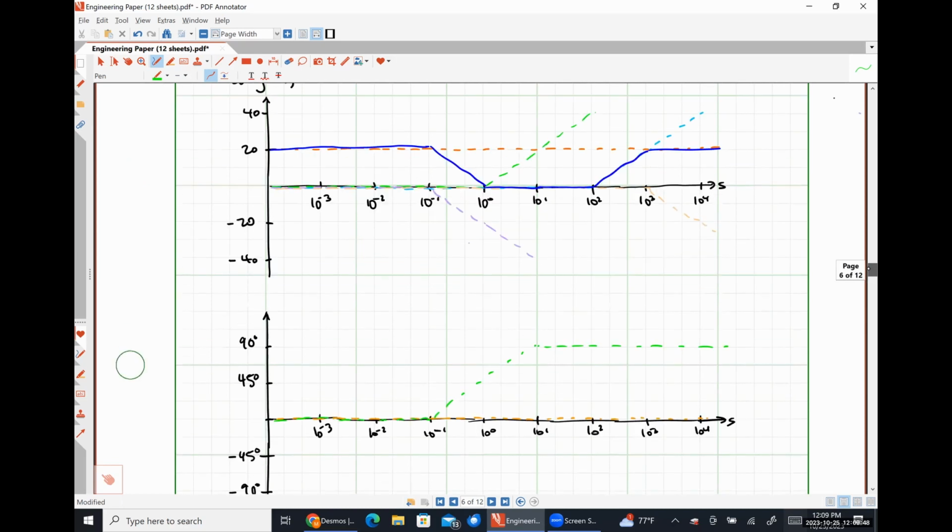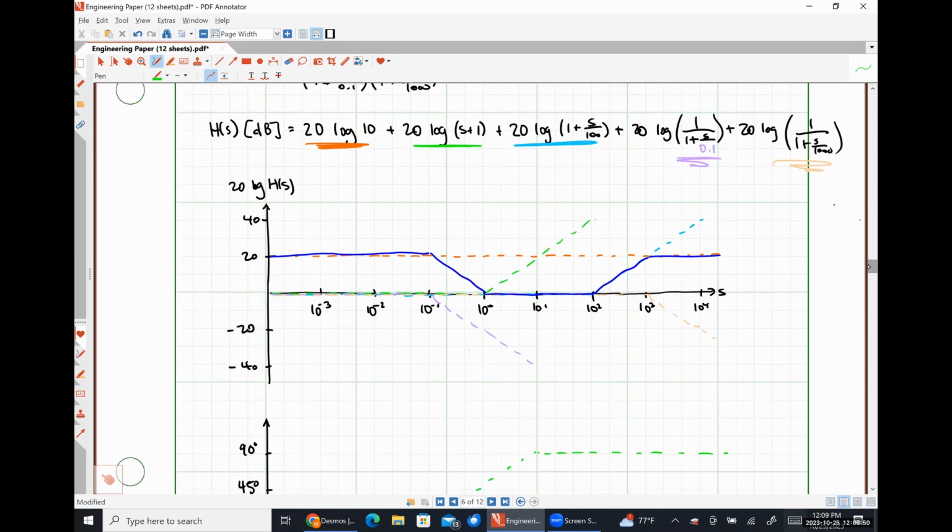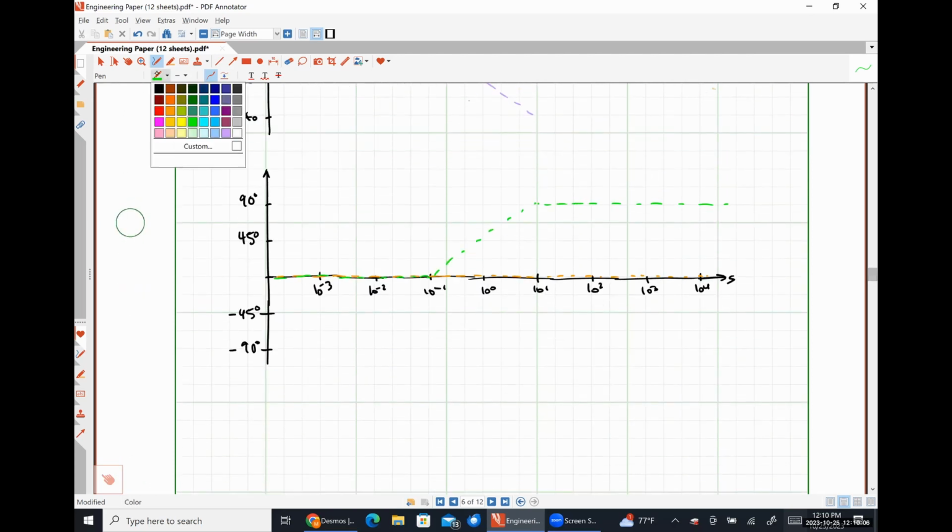My other 0 was at S equal to 100. So at S equal to 10, it could still be 0. At S equal to 100, it could be at positive 90 degrees. And that was in light blue. Something like that.